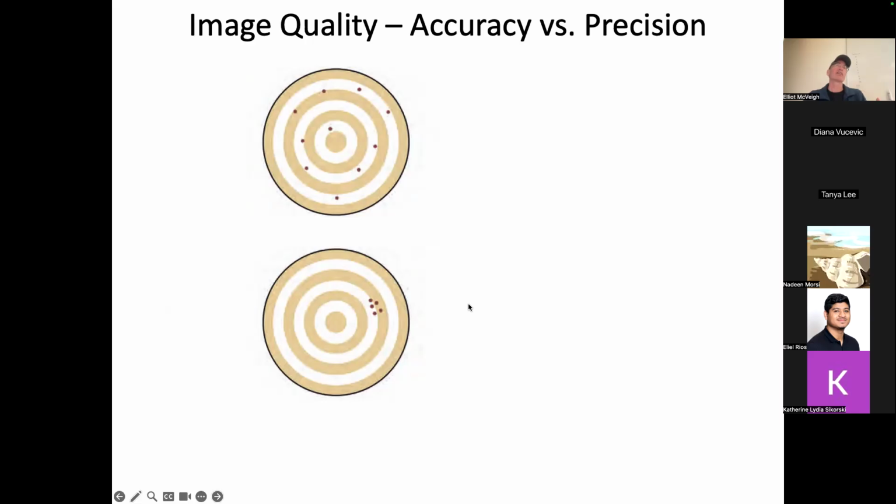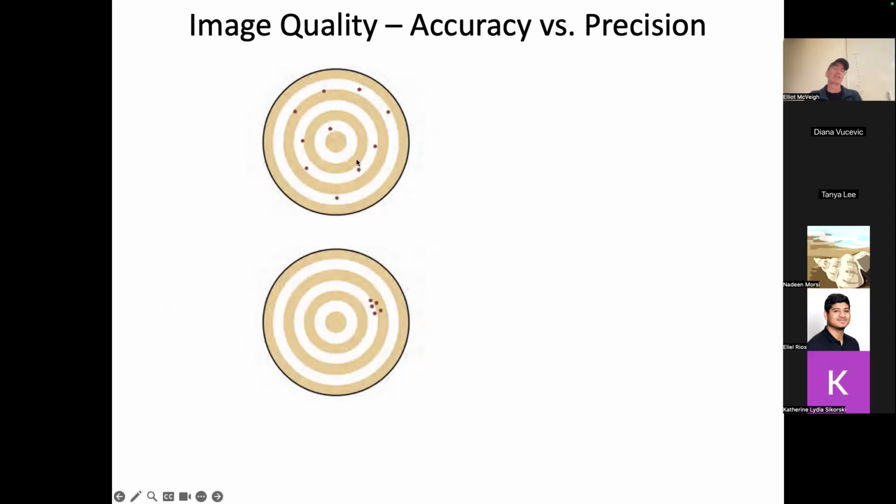High precision is a good thing because, with the accuracy, you could basically calibrate and say, well, when it's over here, I actually know this is what the thing is. And so you just calibrate your system to bring the numbers back. And so now you've got a precise and accurate system.